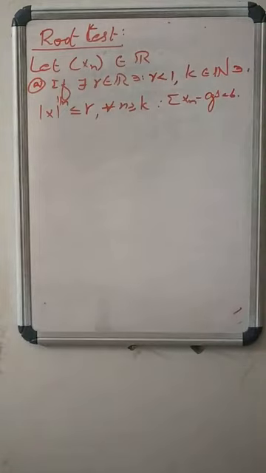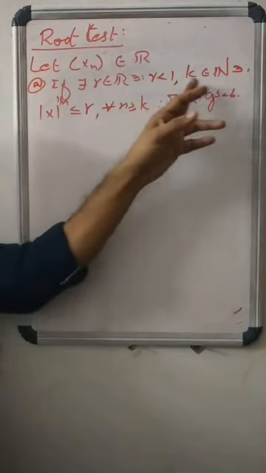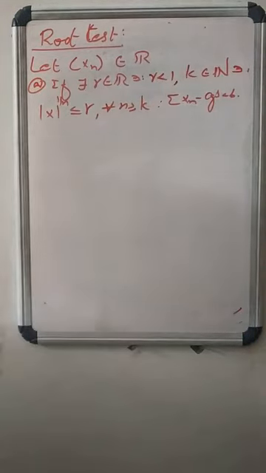This is the first part. If xn is a real sequence, and there exists a real number R with R less than 1 and a natural number K with mod xn power 1 by n less than or equals R for all n greater than or equals K, then sigma xn converges absolutely.